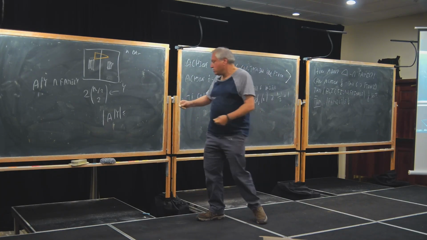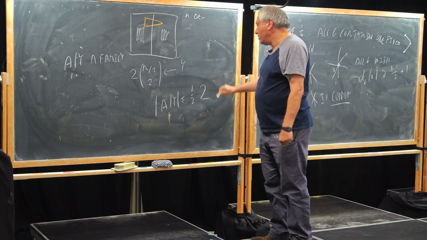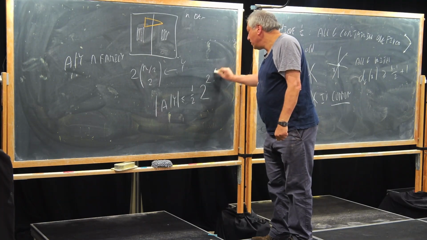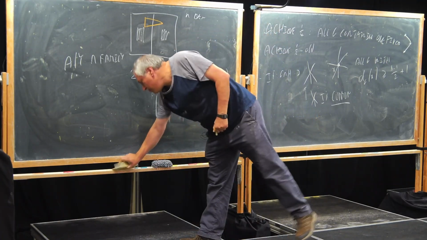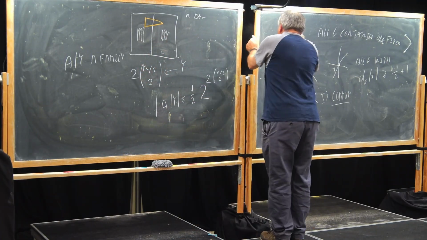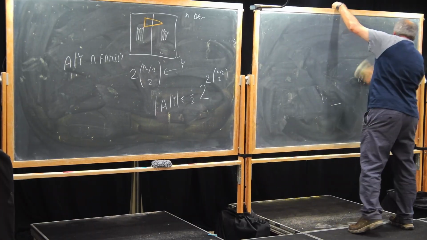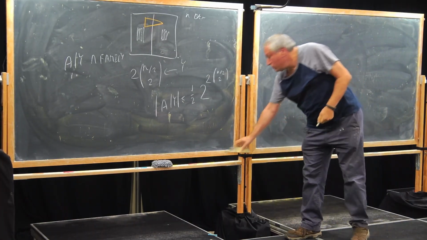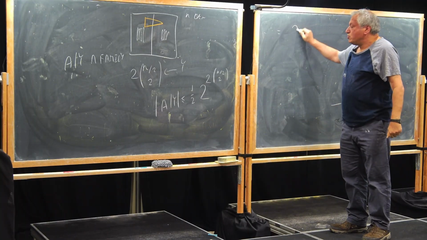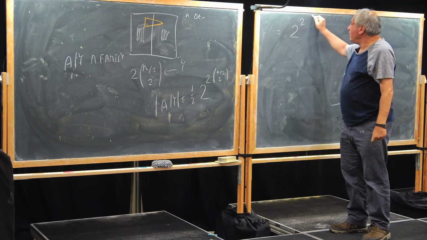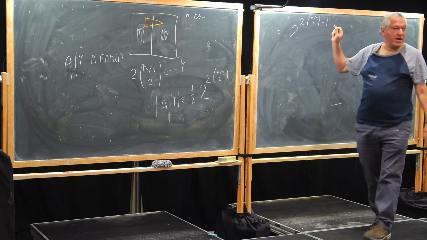So it's at most a half of 2 to the twice n over 2 choose 2, which is 2 to the twice n over 2 choose 2 minus 1.